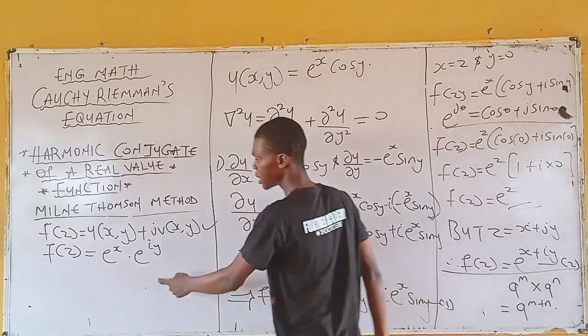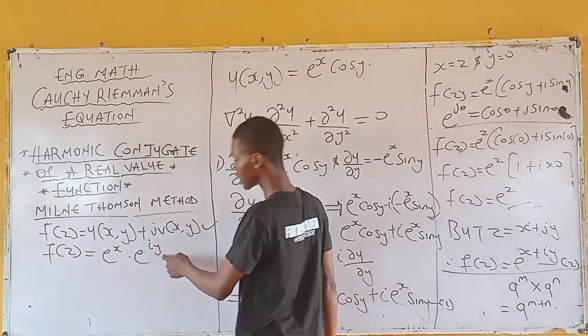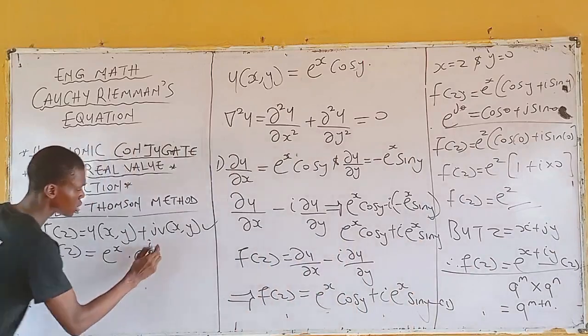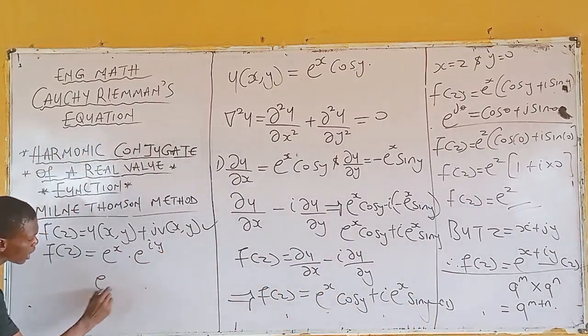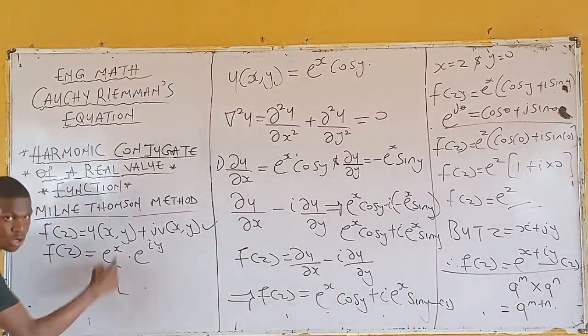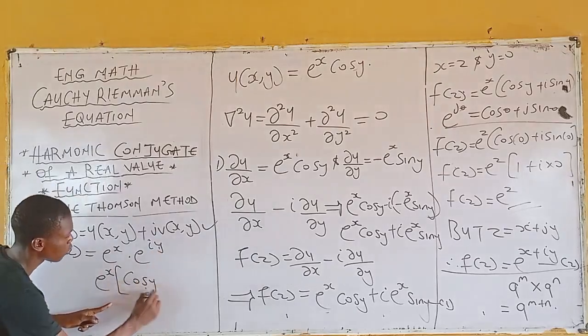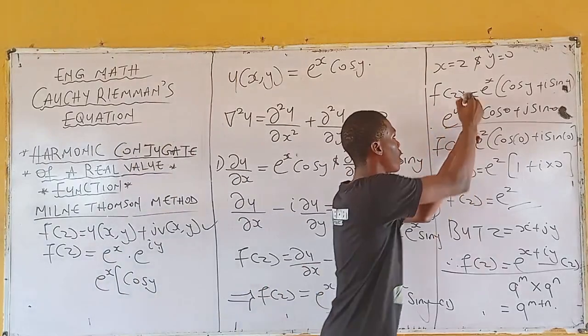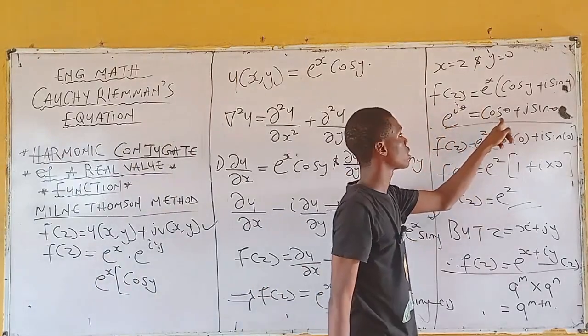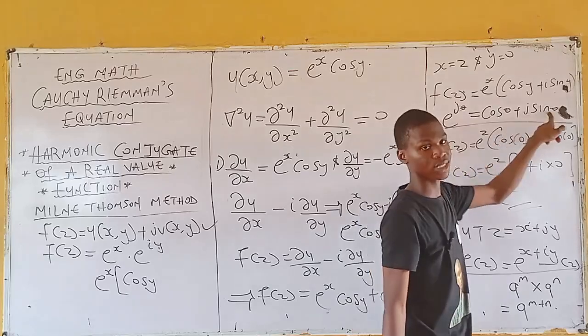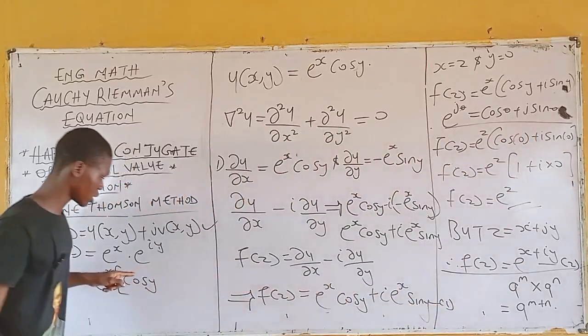Meaning, I'm having exponential iy. It means that I can write this as exponential raised to the power of x, a big bracket. What do I have? Cos y. In this case, j theta, the angle becomes what? Cos theta plus j sin theta. In this case, the angle is y.